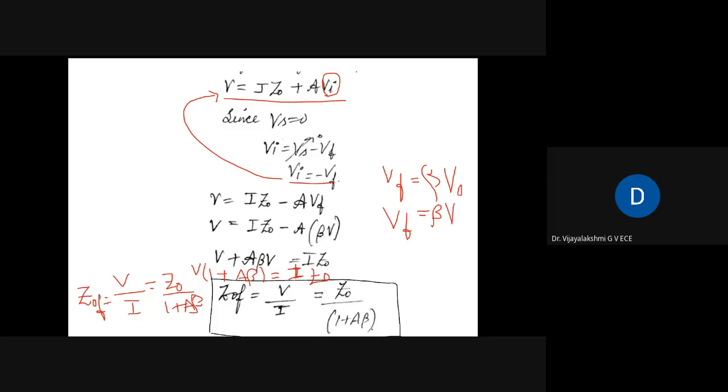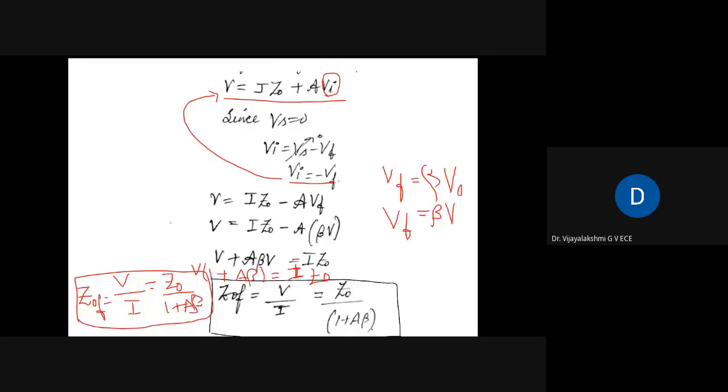So what can you infer from this? The output impedance with feedback is reduced. Earlier, the output impedance was just Z0. Now with feedback, it has come down by a factor of 1 plus A beta.